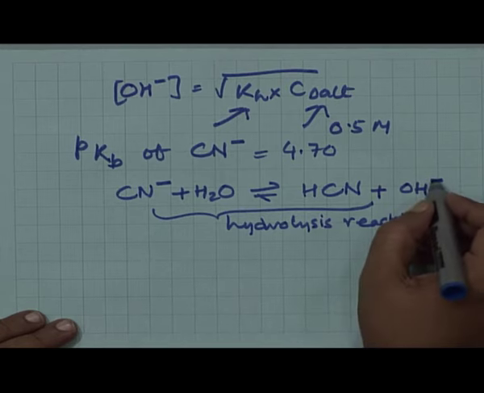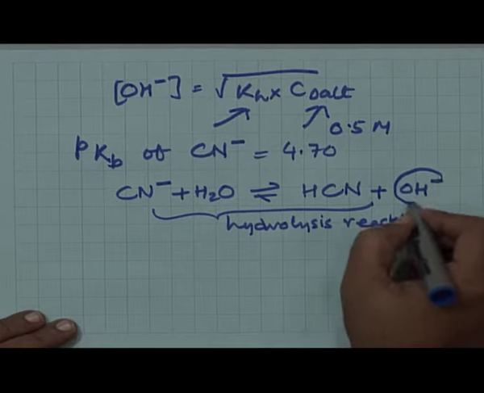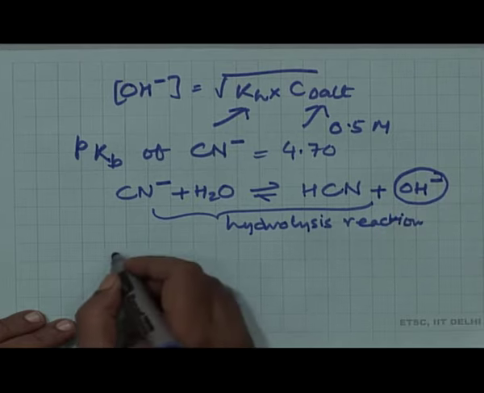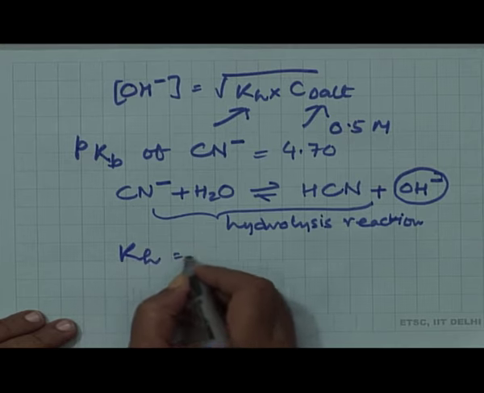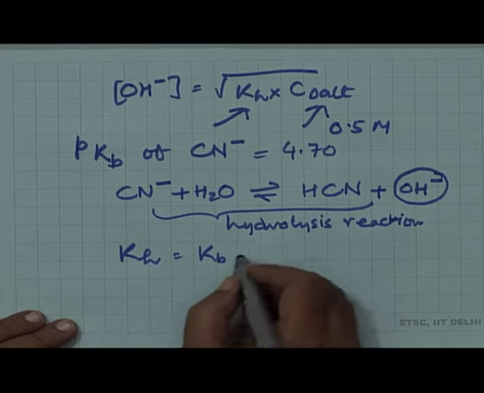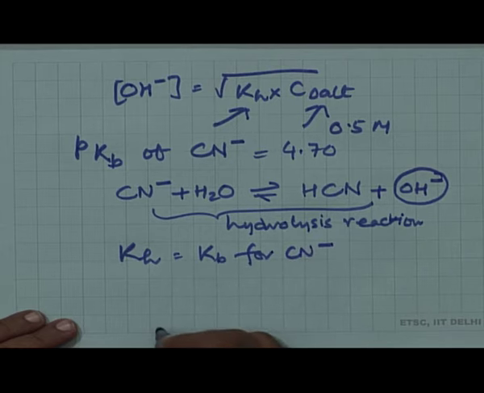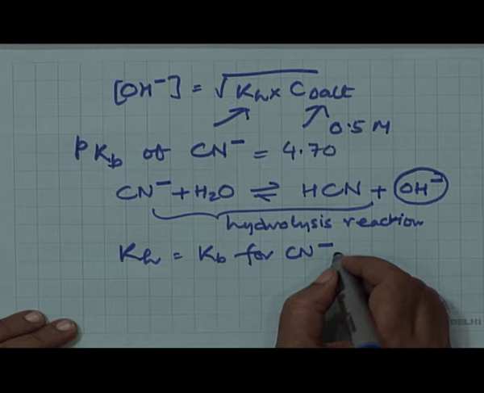And since OH minus ion is given in this reaction, Kh is basically equal to Kb for cyanide ion.